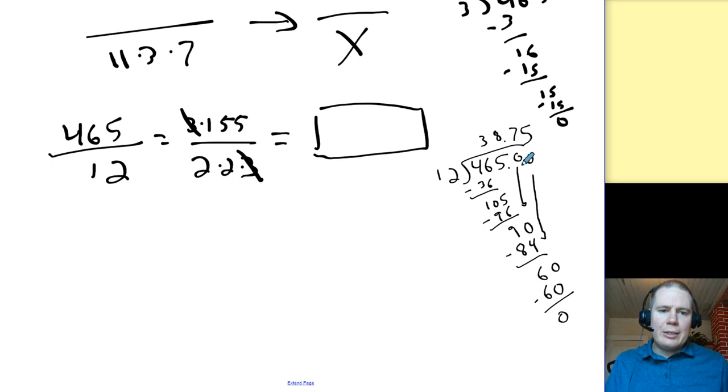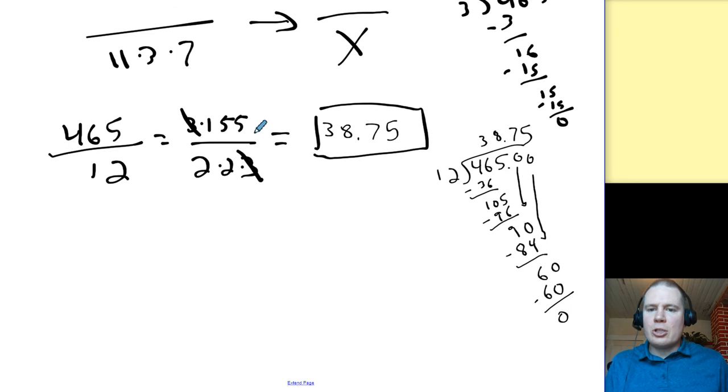So I had to bring in a few zeros, but eventually it ended, right? Notice I'm dividing by 4, so I get 3/4 as a remainder. Right? 155 divided by 4 is 38, remainder 3, 38 and 3/4.